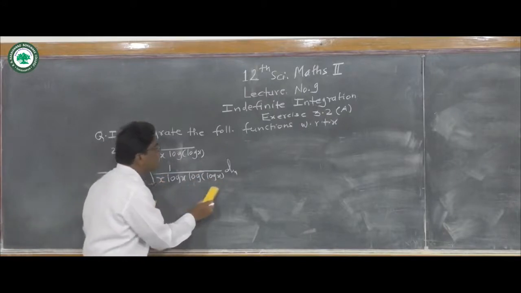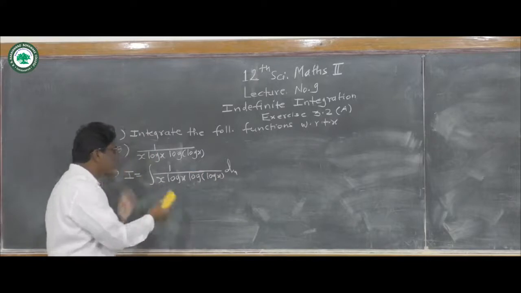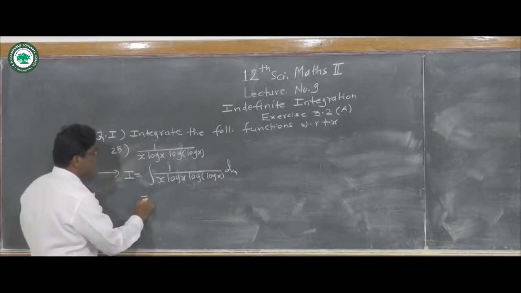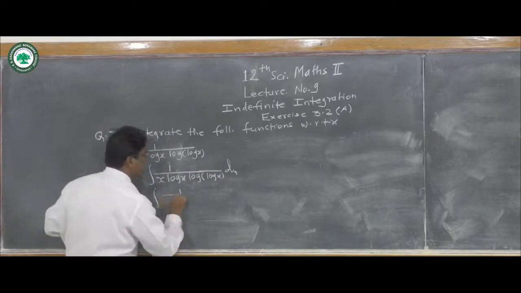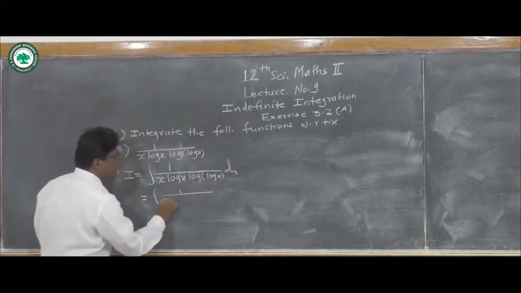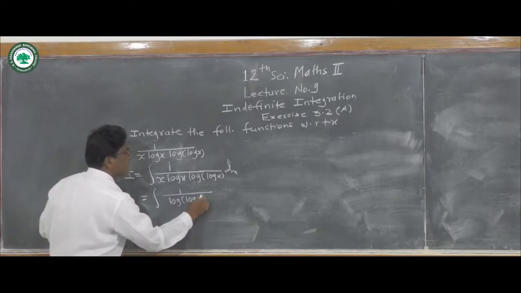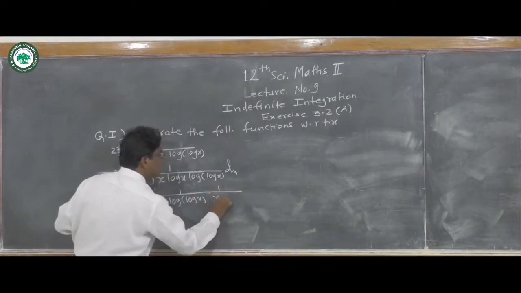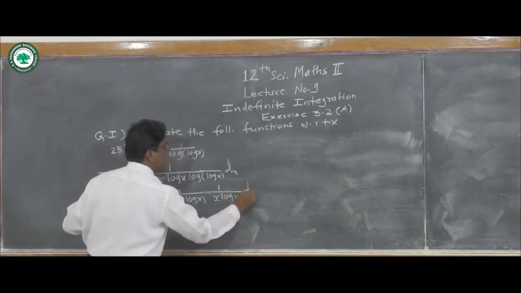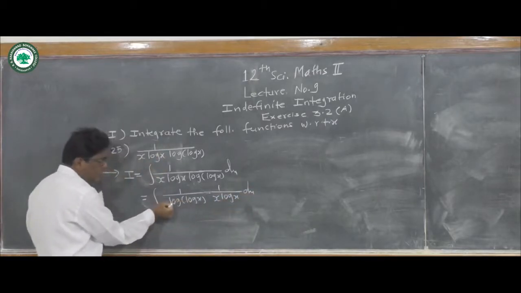So we rewrite this problem like this: integration of 1 upon log of log x into 1 upon x into log x dx, and now put log of log x as t.